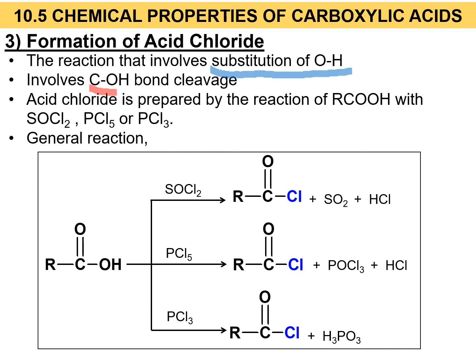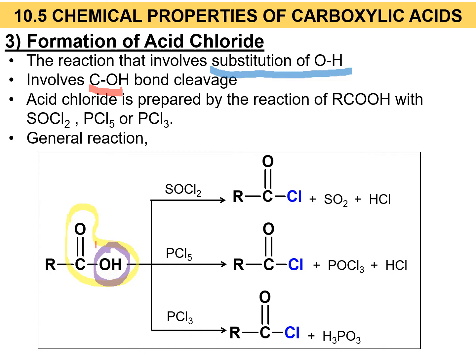Alright, so kat sini dia akan involve the C-OH bond cleavage. So if let's say you ada your carboxylic acid here, and then you tengok dia react dengan SOCl2 ke PCl5 or PCl3, dia nak hasilkan acid chloride. Okay, and therefore if you look at this OH, dia bukan get rid of the H tau, dia akan get rid of the whole OH here.